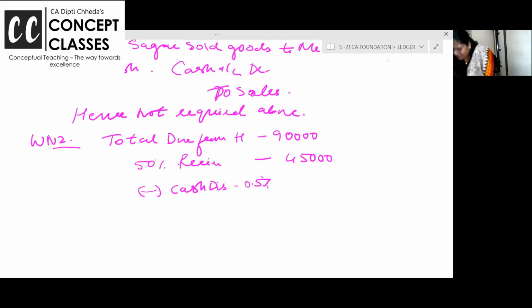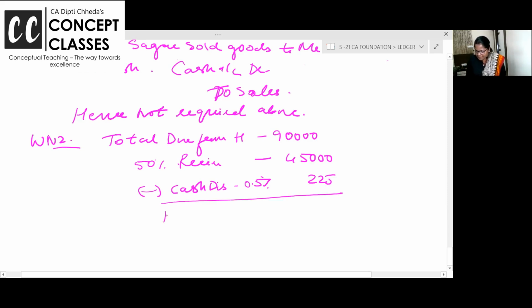Sometimes you can do it orally, but you should still use a calculator. I am also using it. 45,000 into 0.5%, 225. Deducting 225, he is giving you balance received of 44,775.